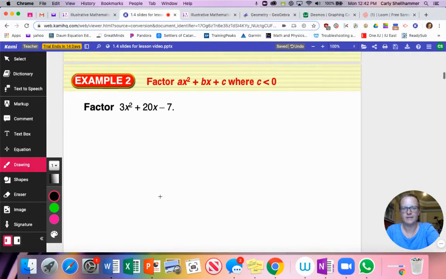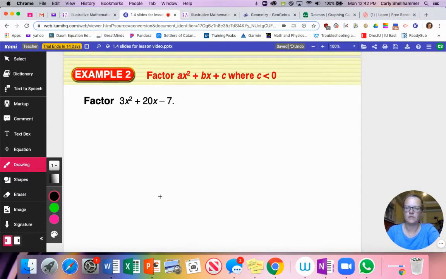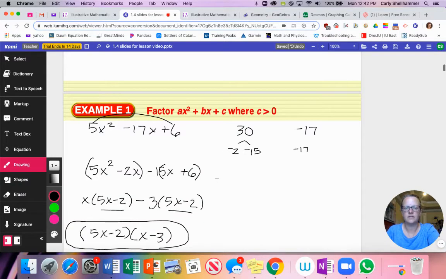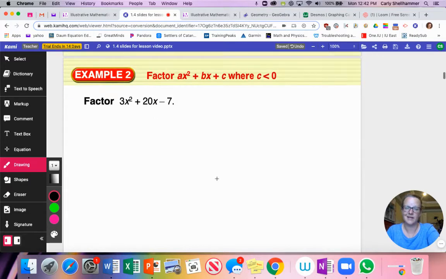All right, let's try again. That first example was where c was positive, and this next example is where c is negative. It's all right. We're still going to do the same thing. So I'm going to find out what a times c is, and that's negative 21. And b is 20.